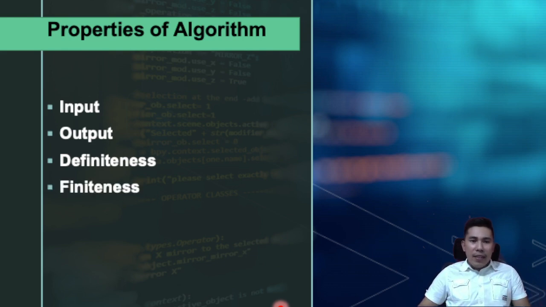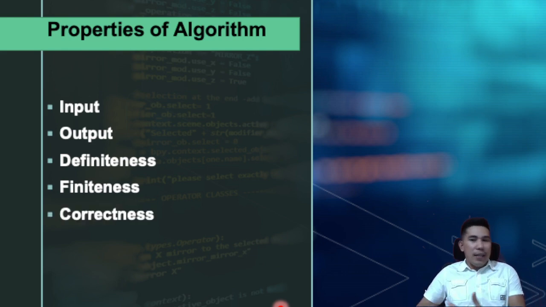And then next is finiteness. The algorithm should have a finite number of steps. Okay, so it has certain steps, and these are the steps and procedures that need to be followed. And then we have correctness.